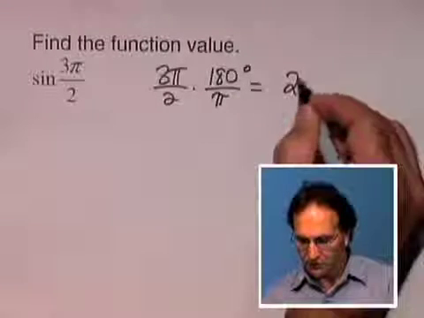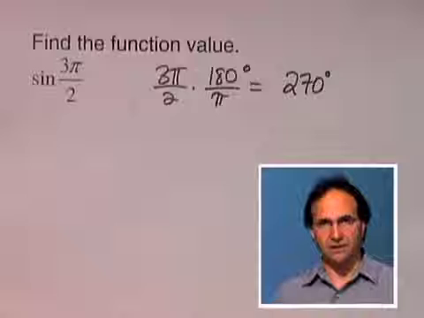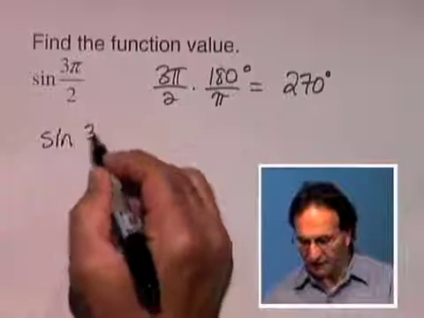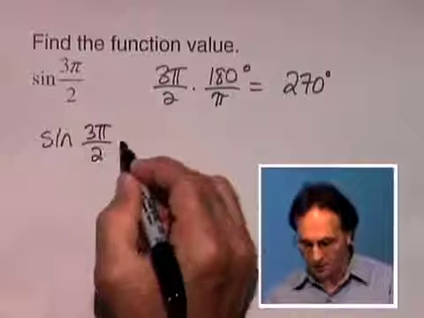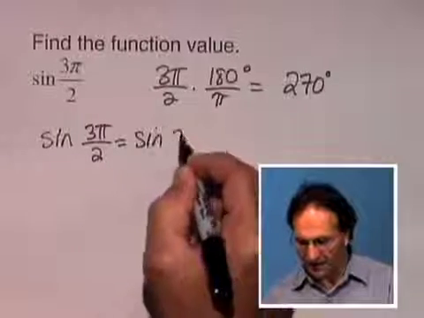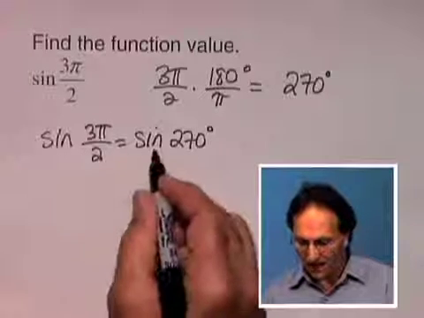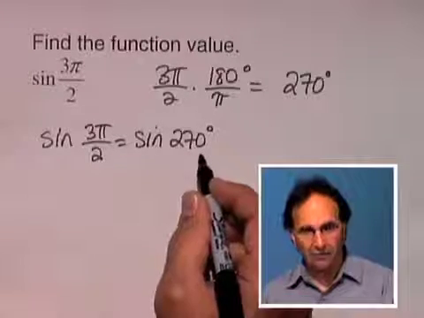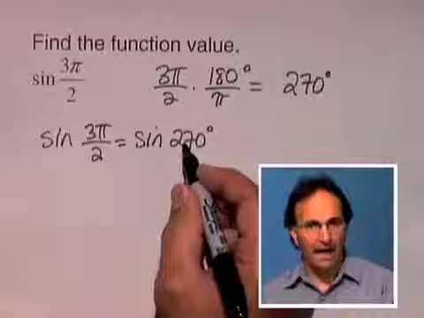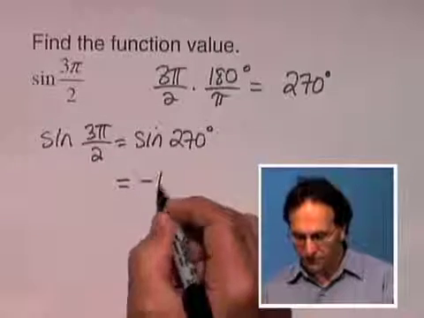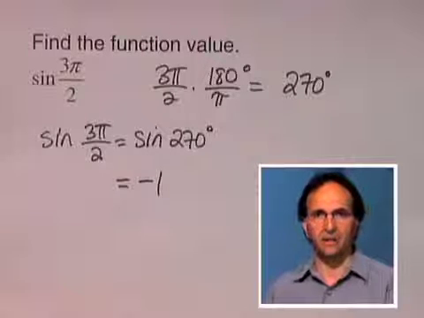That's equal to 270, as I've already mentioned. So now we know that the sine of 3 pi over 2 is equal to the sine of 270 degrees, and the sine is equal to the y value. This lies right on the y-axis, so the sine of 3 pi over 2 is equal to negative 1.